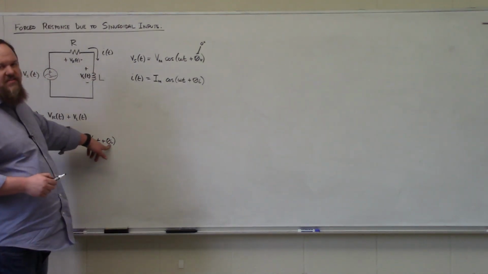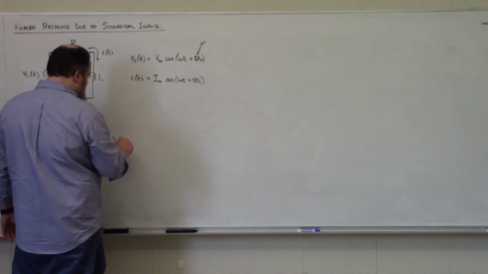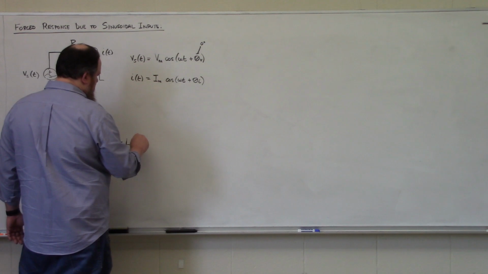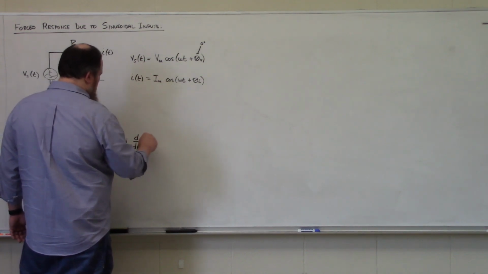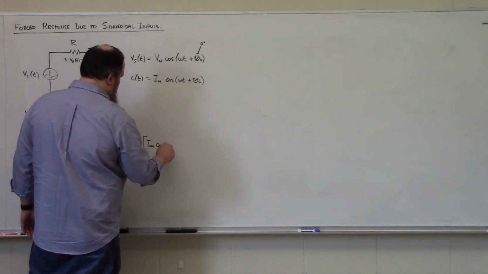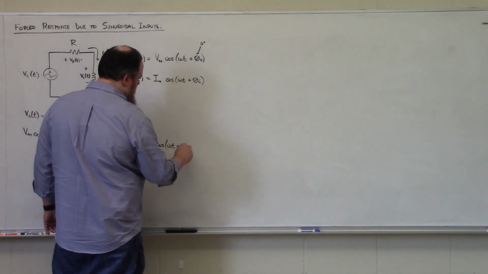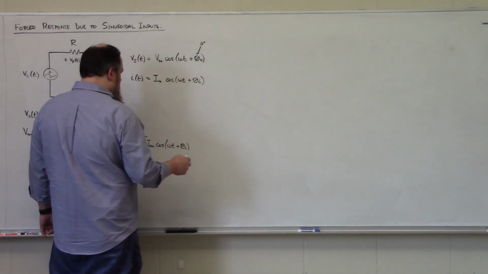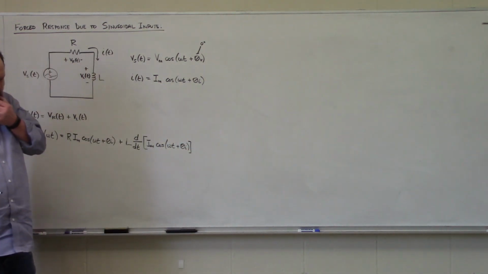We don't know that this is going to be 0, so we can't leave that out. Plus L d by dt of Im cosine omega t plus theta I, like so.